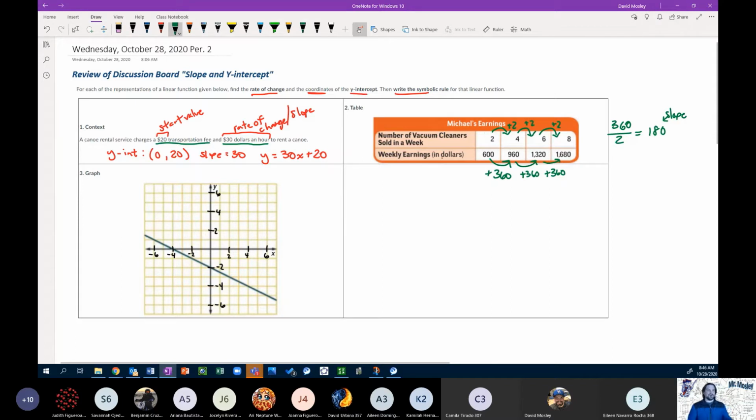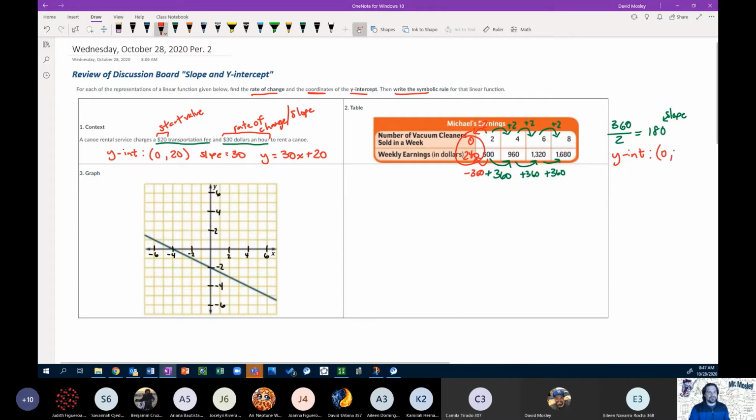So this here becomes the slope. Now, I don't know what the earnings are when I've sold 0 vacuums. I have to go backwards. Essentially we're going backwards on the table by going back 2 and subtracting 360. That will land me at 0. 600 minus 360 should be 240. So this would be the coordinates of the y-intercept.